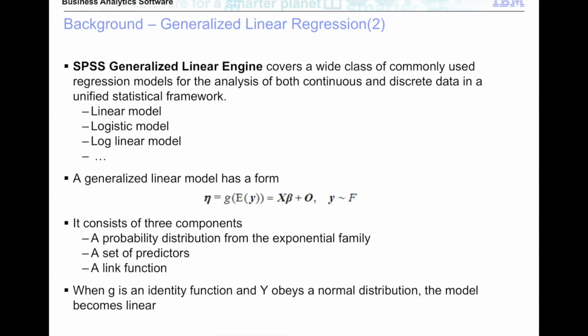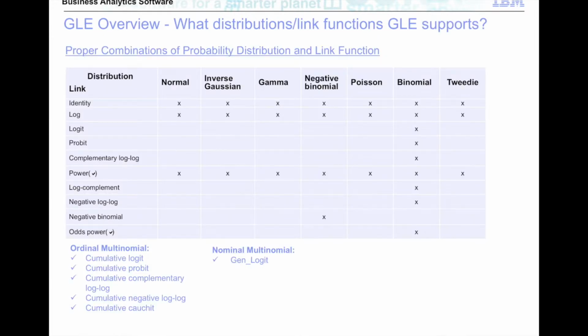A link function will be used for the target variable to build up the generalized linear model. In particular, when the link function is identity and the distribution is normal, the generalized linear regression model is a linear regression model. From this page, we can see GLE supports 9 distributions and 16 link functions.